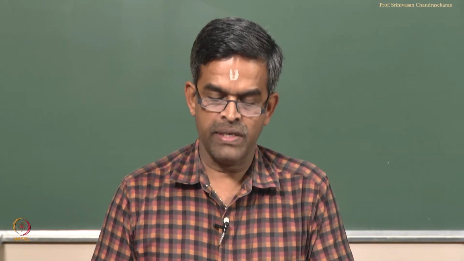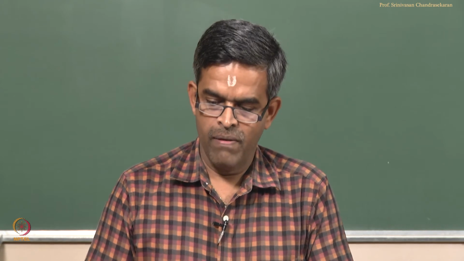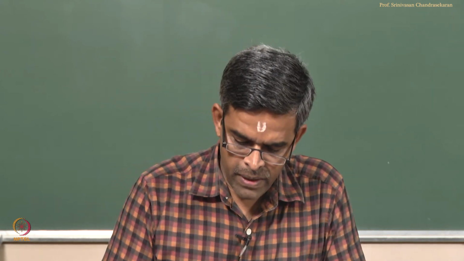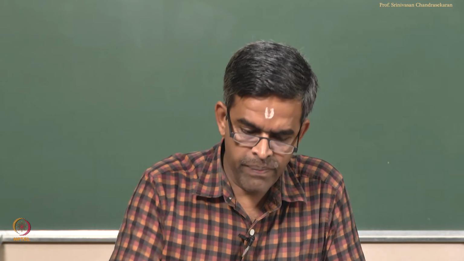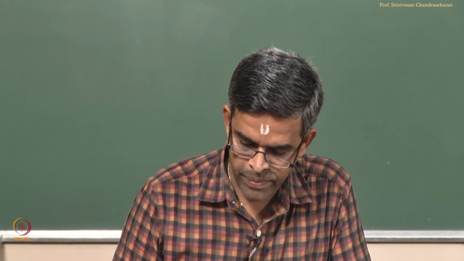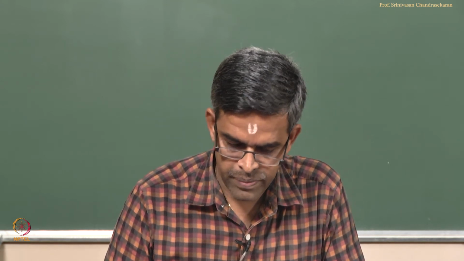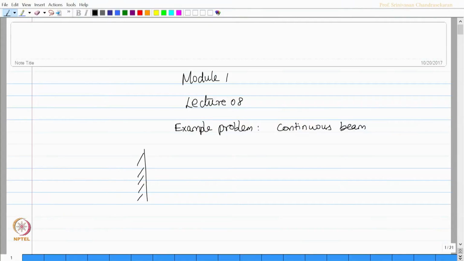So, friends, let us continue with the example problem, which is lecture 8 in module 1. We will pick up a very simple example to demonstrate this. We will take a 2 span continuous beam as shown in the figure now.